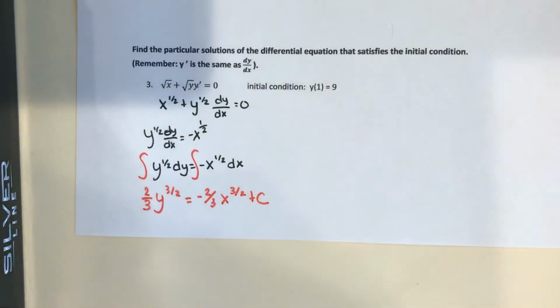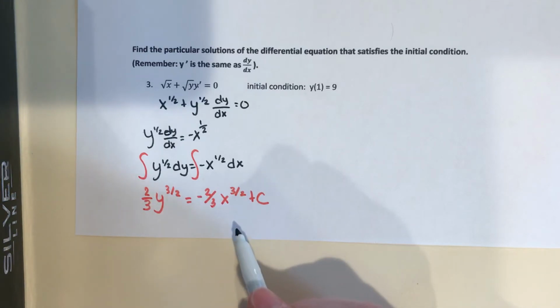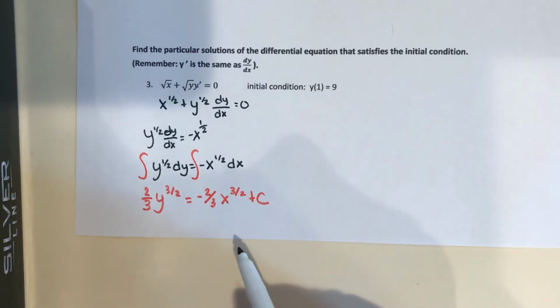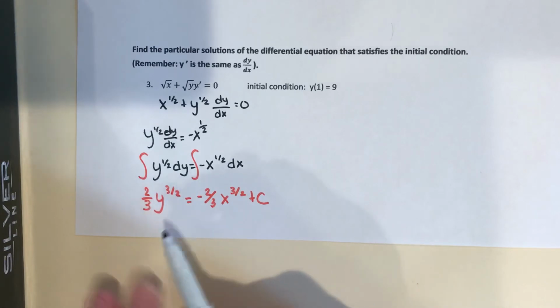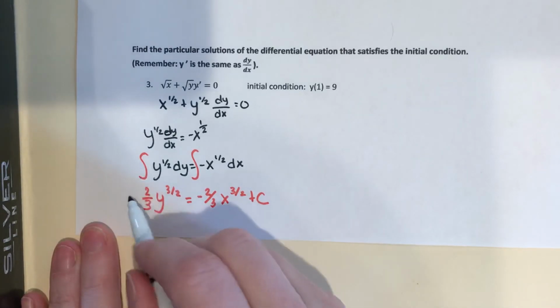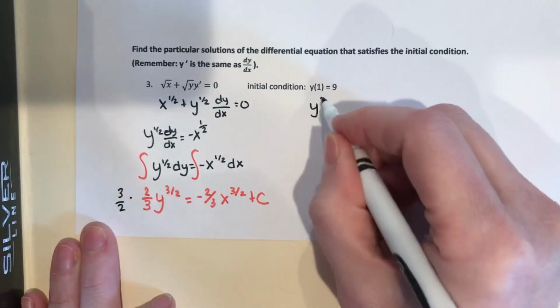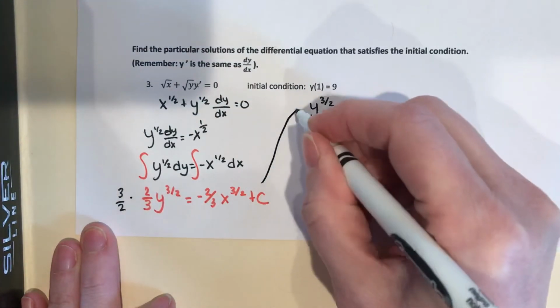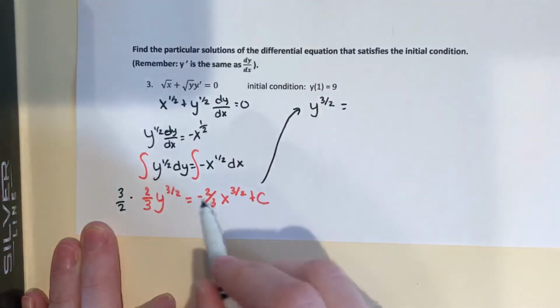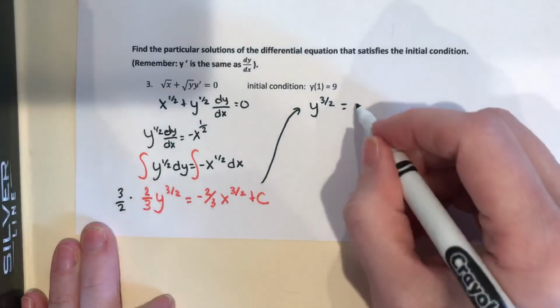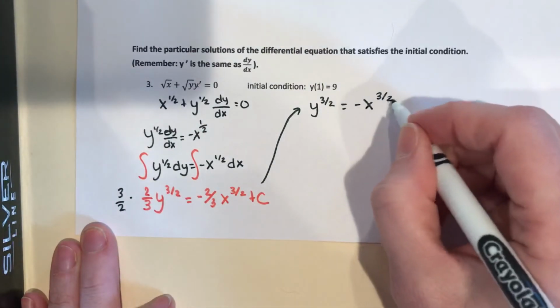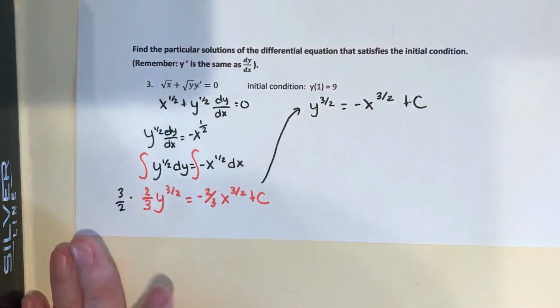So we've got an initial condition. So what I'm going to do, like on the AP exam, is solve for y first. It usually makes solving for the initial condition a lot easier. So first thing I'm going to do is multiply both sides by this reciprocal, 3/2. That gives me y to the 3/2 equals, now if I multiply negative 2/3 by 3/2, that's negative x to the 3/2, and plus c is still a constant.